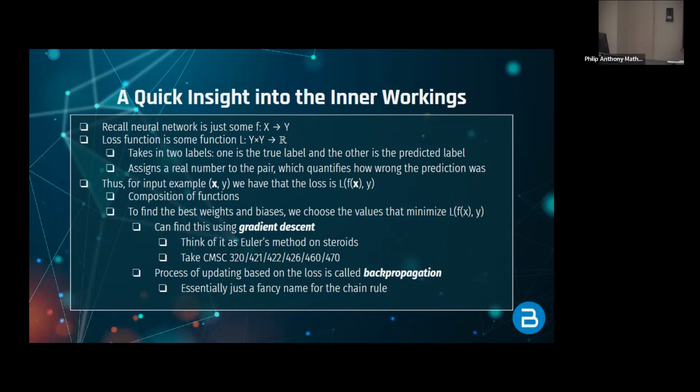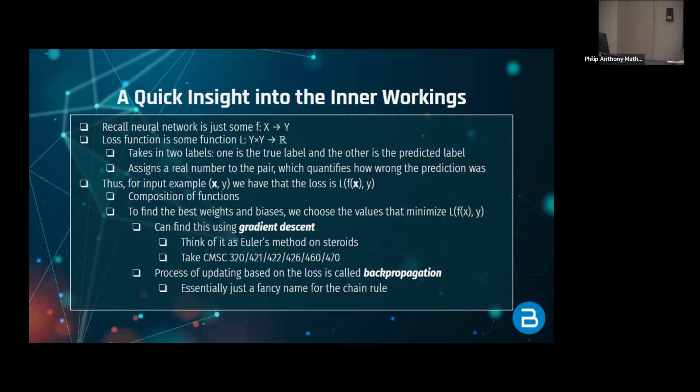From there, the predicted label is just a function of your neural network, which is just a bunch of linear models all stacked up together with activation functions all over the place. But the point is, it's just some function that takes your inputs and maps them to an output.